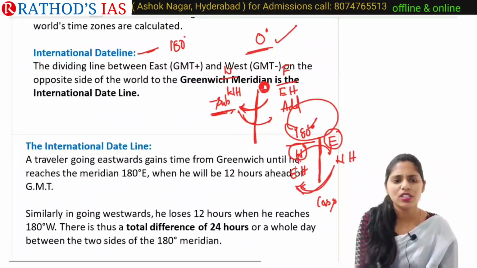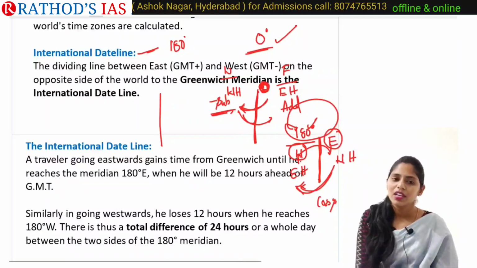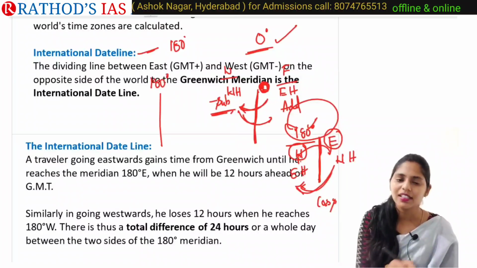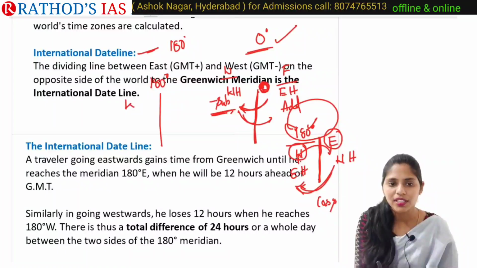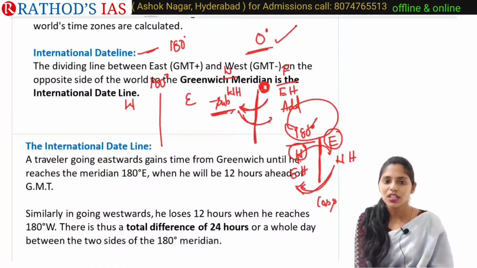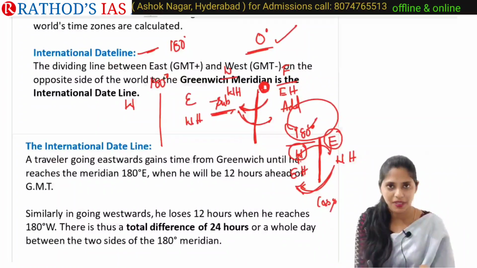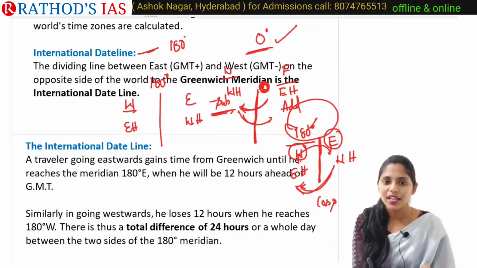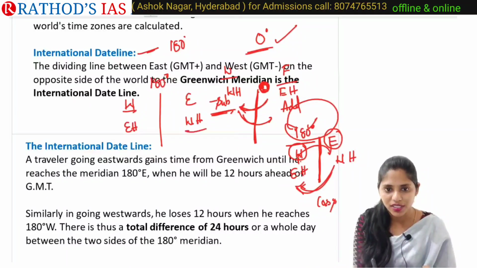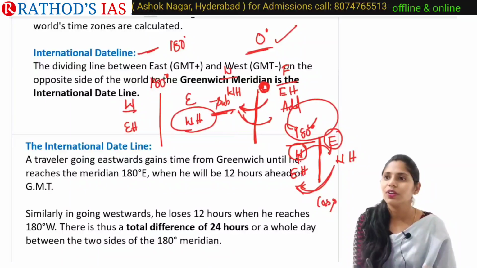So now let us try to see it more clearly. This is our international date line, that is 180 degrees. This is our west and this is our east. So in the east we have the western hemisphere and in the west we have the eastern hemisphere. For example, let us take Wednesday.